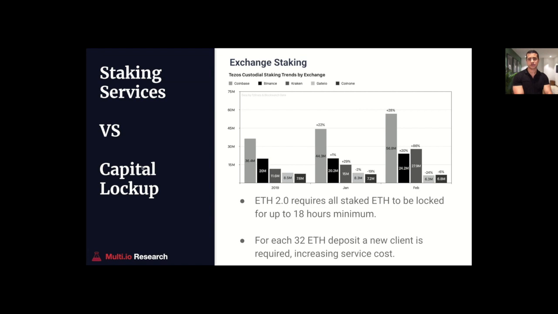But Ethereum 2.0 does not have a delegation role. So in order to get rewarded for staking, you must deposit into the staking contract, where there's a minimum of 18 hours to withdraw from. And this increases depending on the amount of people that are trying to withdraw from the network at any given time.